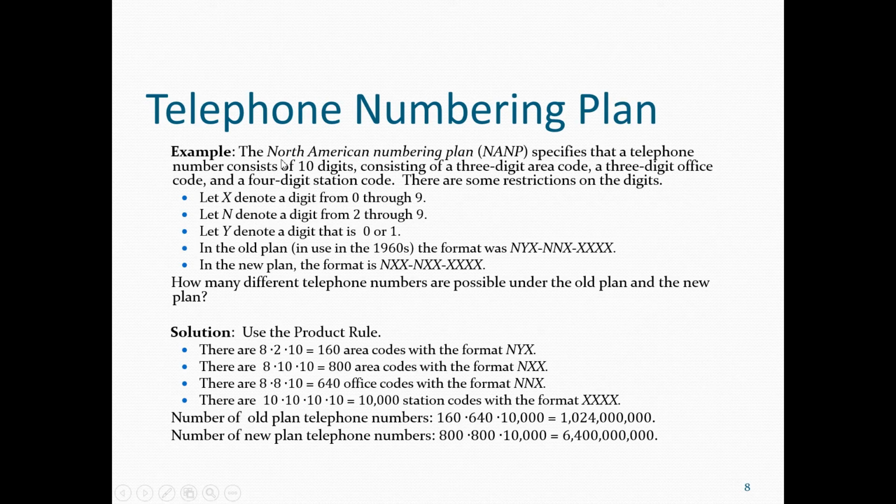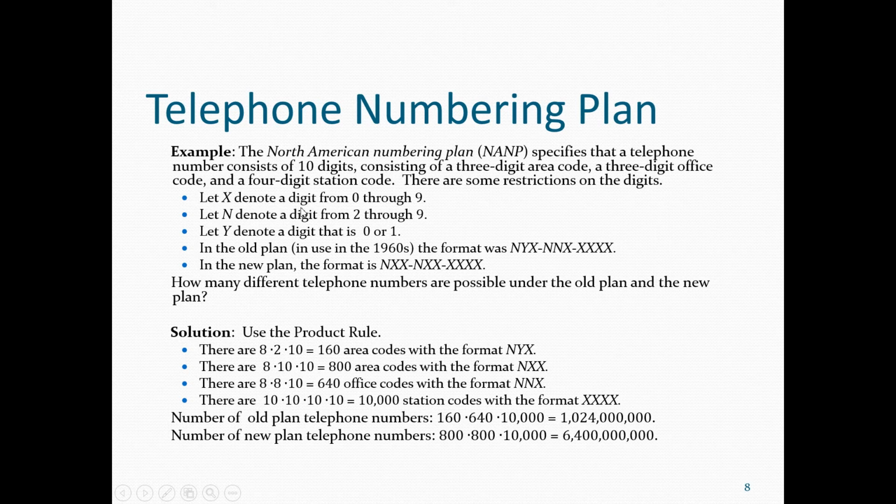Now the telephone number plan. The North American number plan specifies that a telephone number consists of 10 digits: a 3-digit area code, a 3-digit office code, and a 4-digit station code. There are some restrictions on the digits.